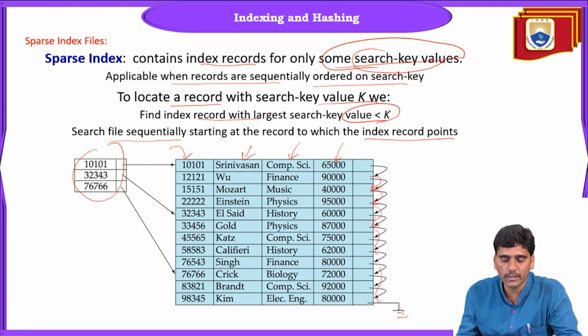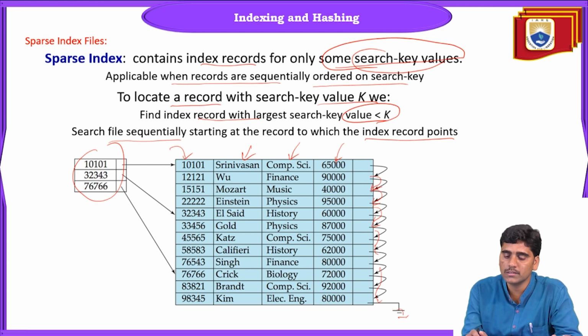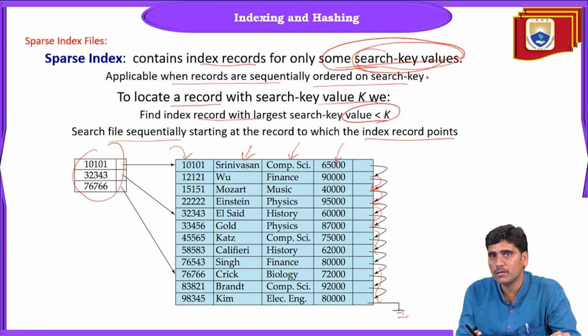Next is sparse index files. Sparse index files maintain only some search key values, not all search key values, for index records.